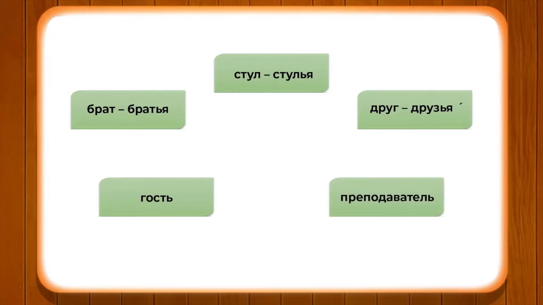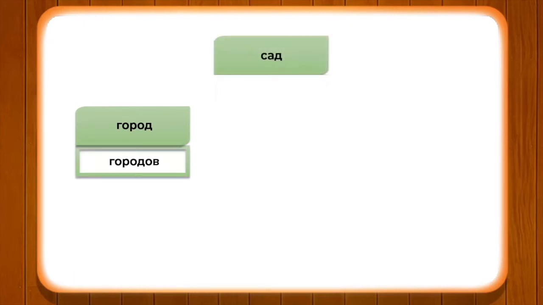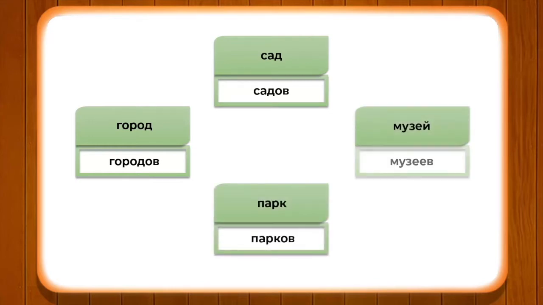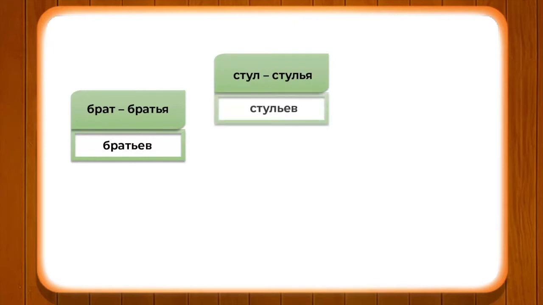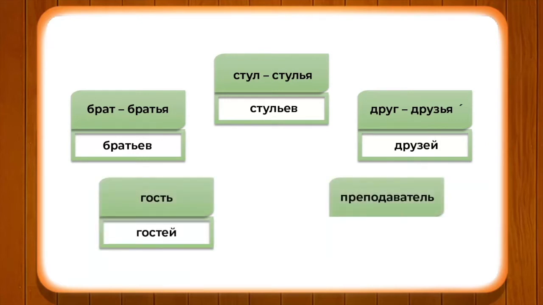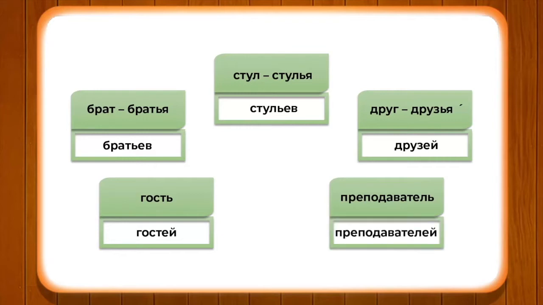According to the rules we have learned, город would change into городов, сад would change into садов, парк would change into парков, музей would change into музеев, брат would change into братьев, стул would change into стульев, друг changes into друзей, гость changes into гостей, and преподаватель changes into преподавателей.